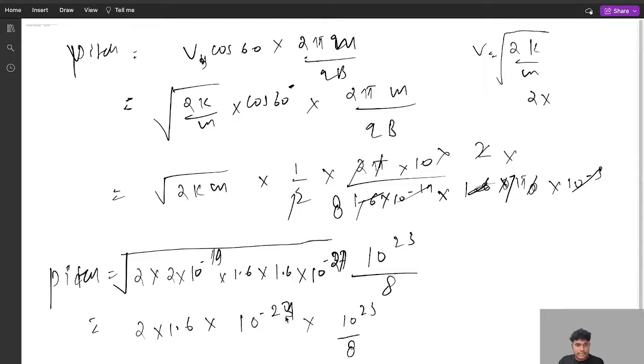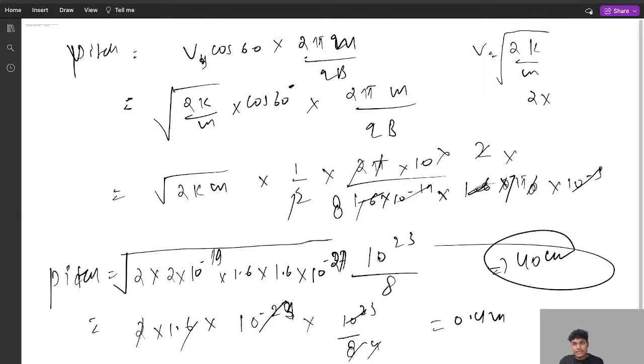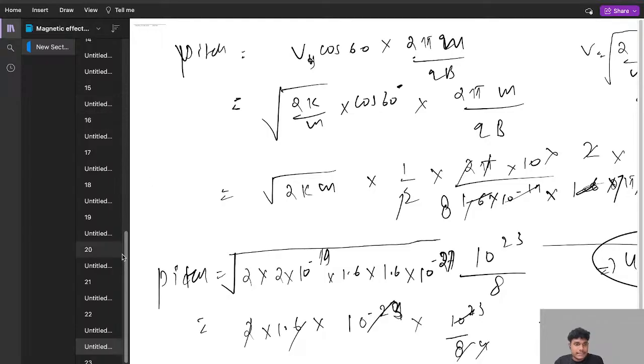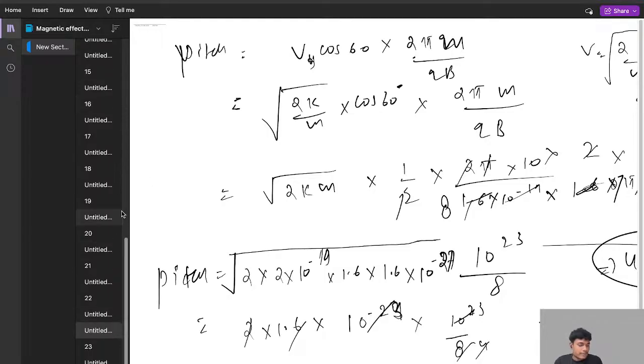Sorry, if you add this, that is 10 raised to power 23. This cancels out this, and 4 and 4 cancel out, so that is equal to 0.4 meter or 40 centimeter. Okay, so our pitch is 40 centimeter, right? Do you understand this?